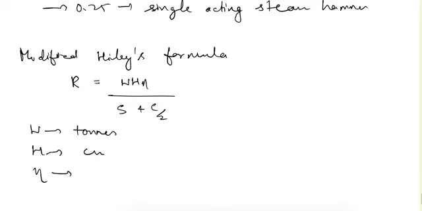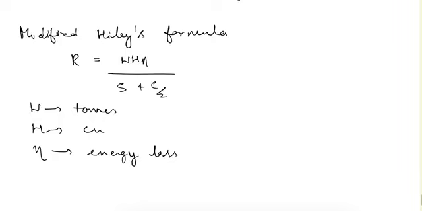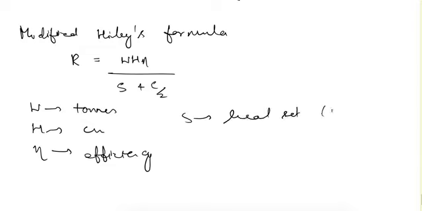Eta is the energy loss, or we can say the efficiency, and S is the real set per blow, in centimeter per blow, taken similarly as the average of the last 5 values for a drop hammer.